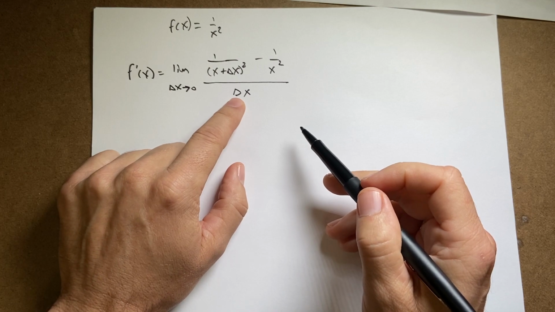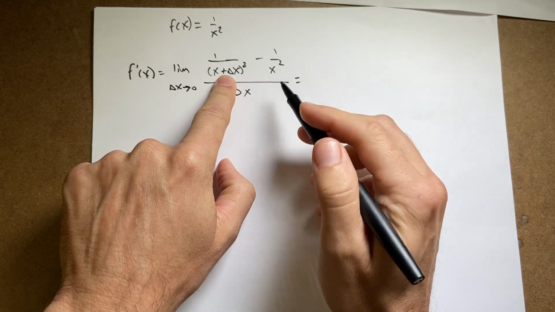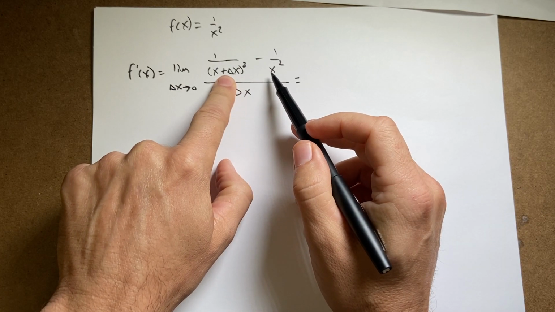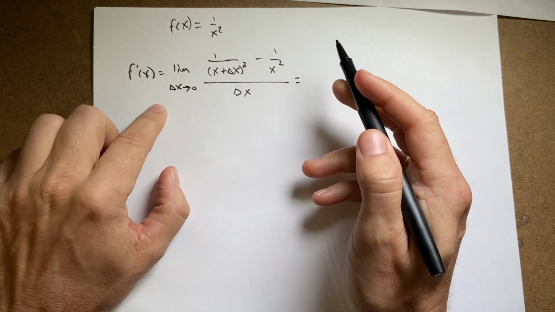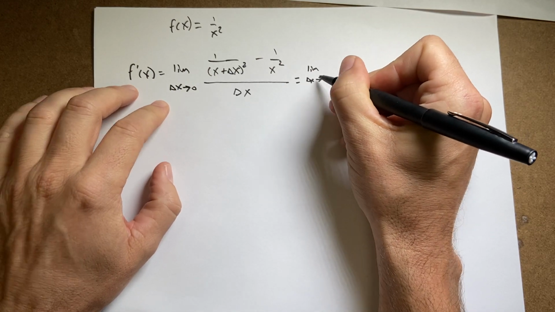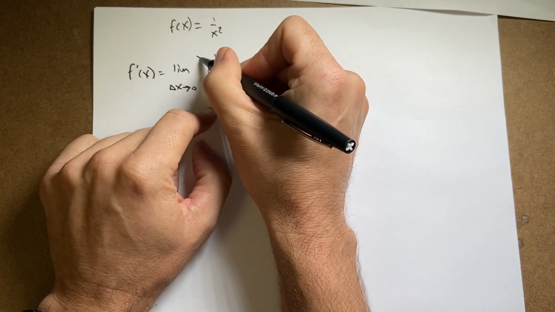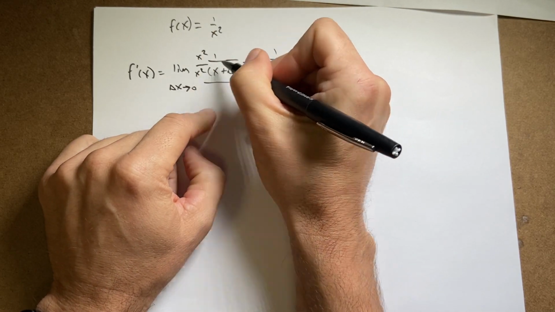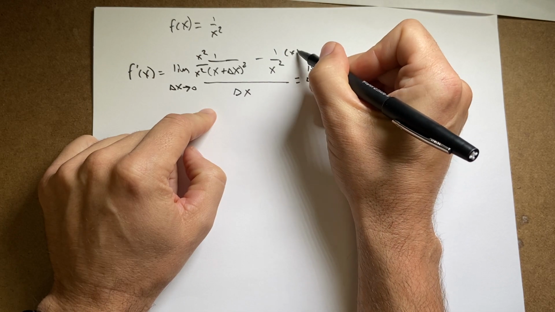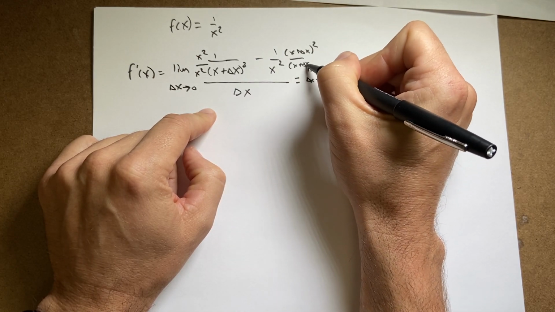So let's get a common denominator between these two so that we can combine these two fractions. I have the limit as delta x goes to 0. For this one I'm going to multiply the top and the bottom by x squared over x squared. And for this one I'm going to multiply by x plus delta x squared over x plus delta x squared.